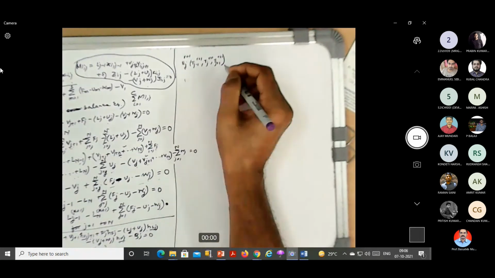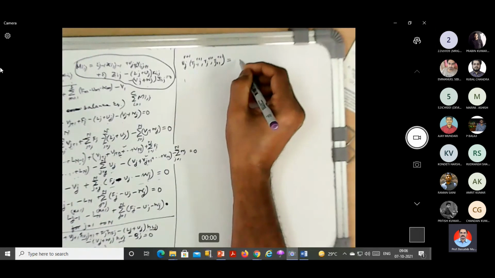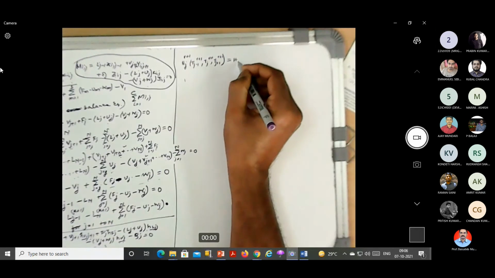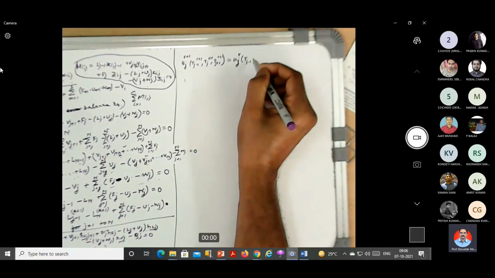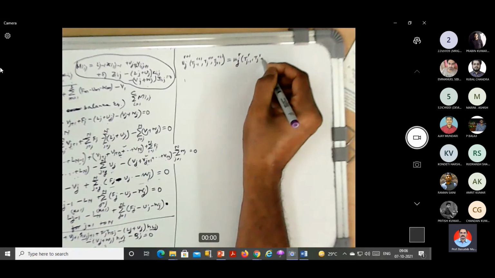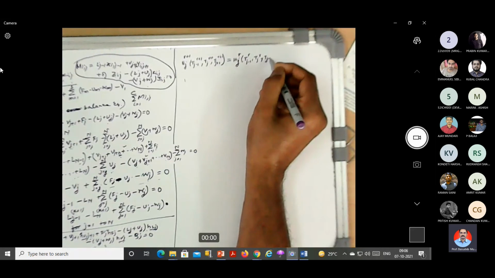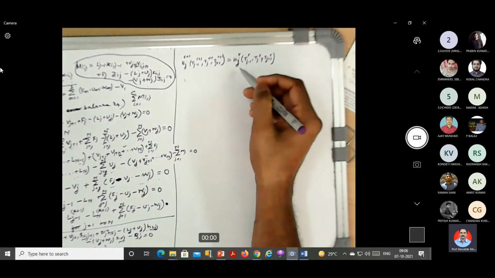Now this is equal to the Taylor series expansion around known values. What is the known value? Hj at the previous iteration level, where temperatures are known as Tj minus 1 r, Tj r, Tj plus 1 r.